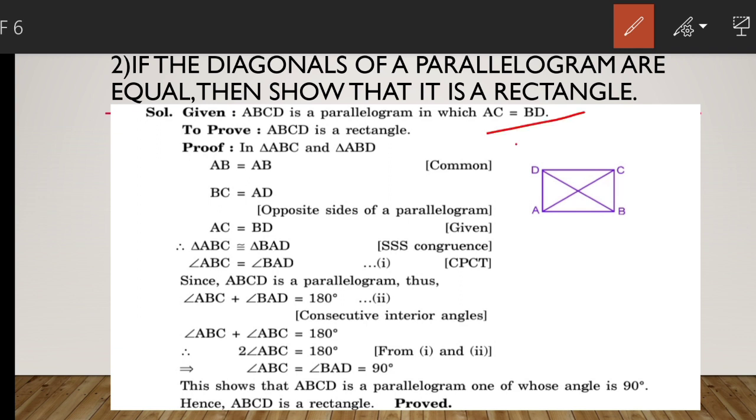We have to prove ABCD is a rectangle. So now we will start the proof in triangle ABC and in triangle ABD. So we are considering this shaded triangle and also the dotted triangle.